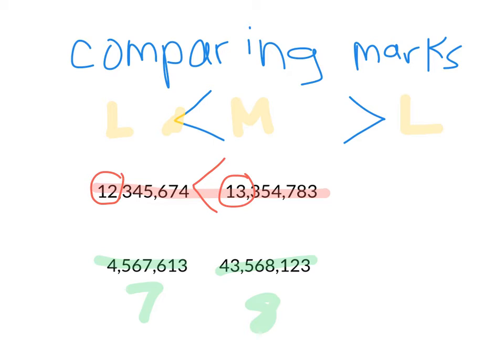So we can know that there are 8 digits, so the 8-digit one is going to be bigger or greater than the 7-digit one, even though it's tricky because this says 45 and this says 43. We have to be careful so that if they're not the same amount of digits, the bigger amount of digits gets it.